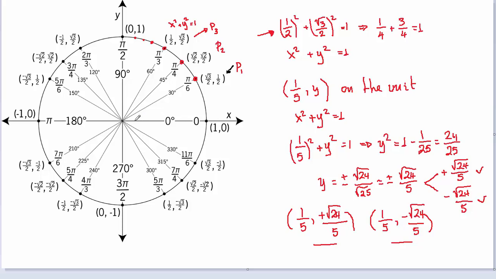Now, x-coordinate 1/5, the point will be somewhere here. If you take the entire range right here and split it, let's say, into 5 pieces, like this, then the point where the x-coordinate is 1/5, let's say that this is 1/5, is going to be this point up here.